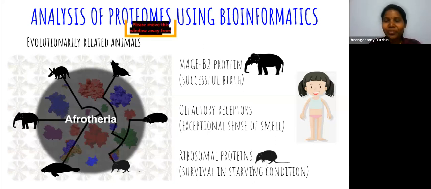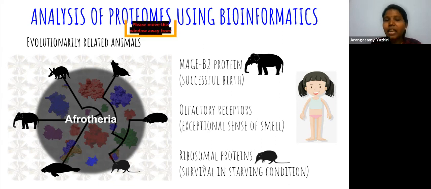Go ahead, Yazhini. The last one is like a shrew, in which we found ribosomal proteins, which help protein synthesis from mRNA to protein. We see that this animal has a very high number of ribosomal proteins compared to humans, and this animal always starves. Most of the time it starves because it doesn't find food. In that condition you need to survive, right?